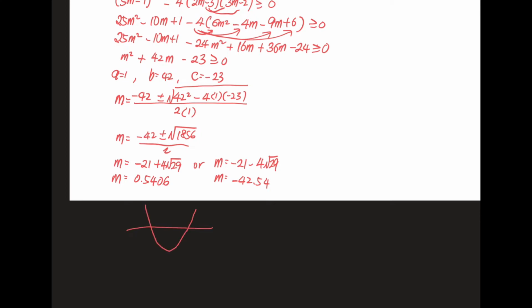Then we sketch the graph. The first value is minus 42.54, the second value is 0.5406. Since our quadratic inequality is greater than or equal to 0, we have to take here and here. So m is less than or equal to minus 42.54, or m is more than or equal to 0.5406.